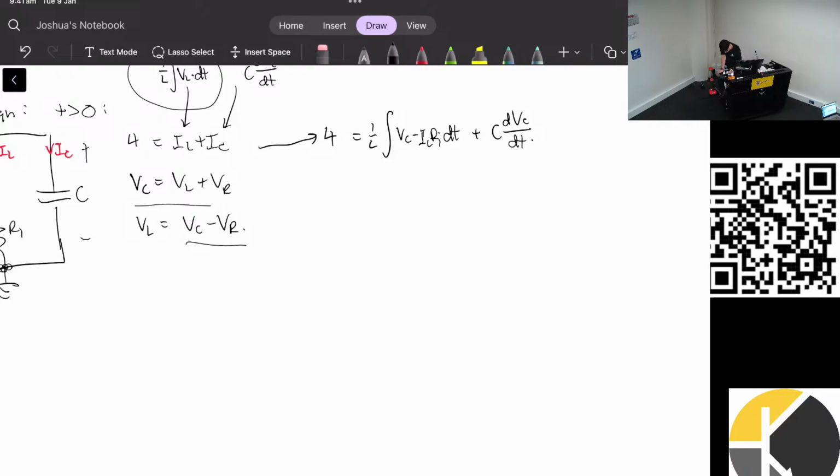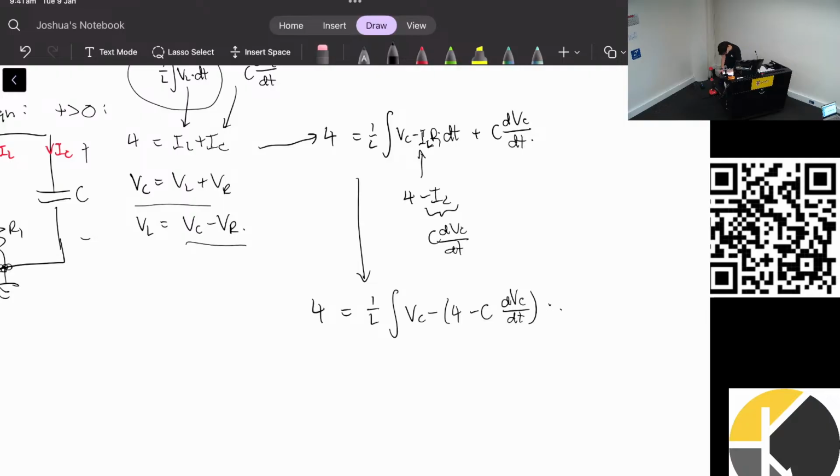So I know IL is 4 minus IC, and IC is C dVC on dt. Alright, this is getting a bit convoluted, but now we have this VC minus 4 minus C dVC on dt. Great.